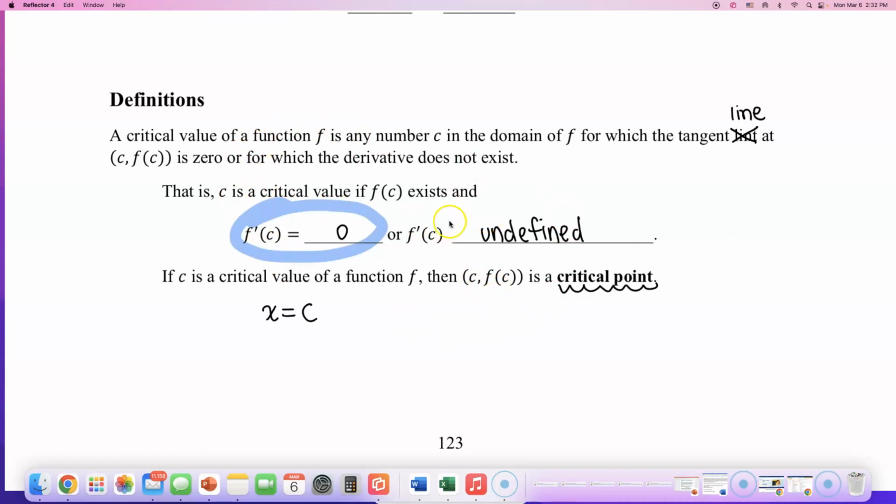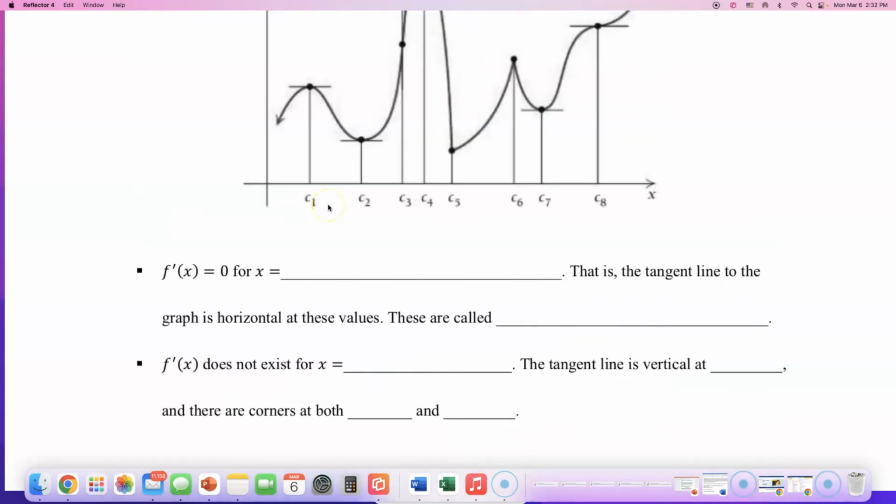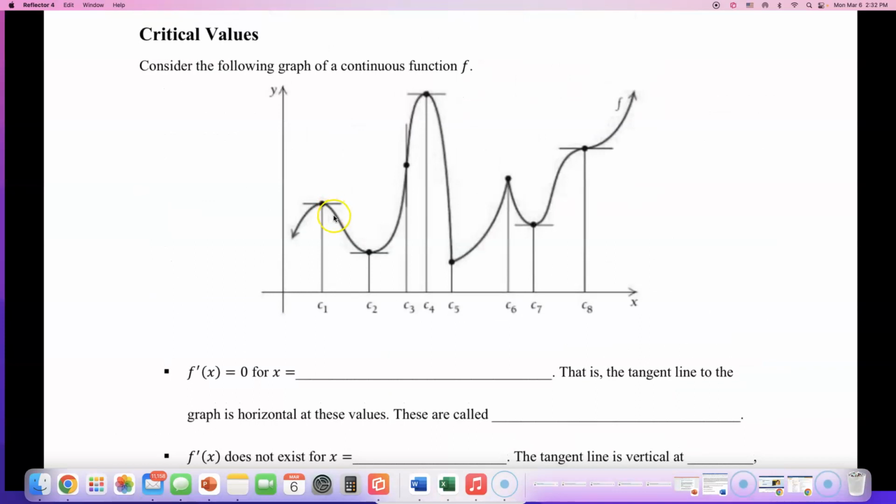But this second case, when the critical value exists because the derivative is not defined, the red case, we'll talk about when we get to the rational functions unit in section 3.3, okay? But 3.1 and 3.2 will work with setting the derivative equal to 0 to find critical values. So in this example, they want us to find all critical values.